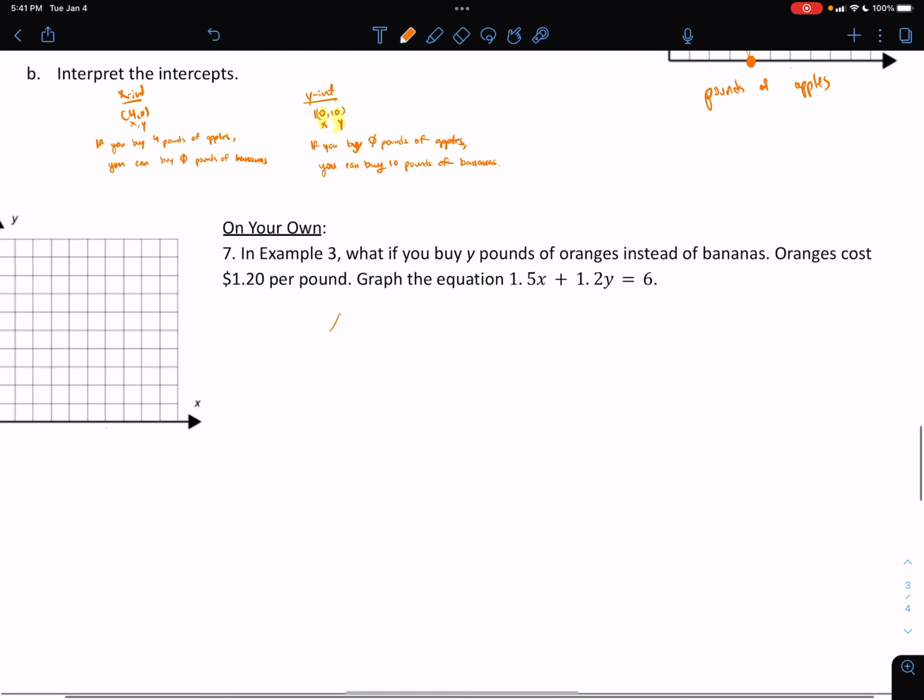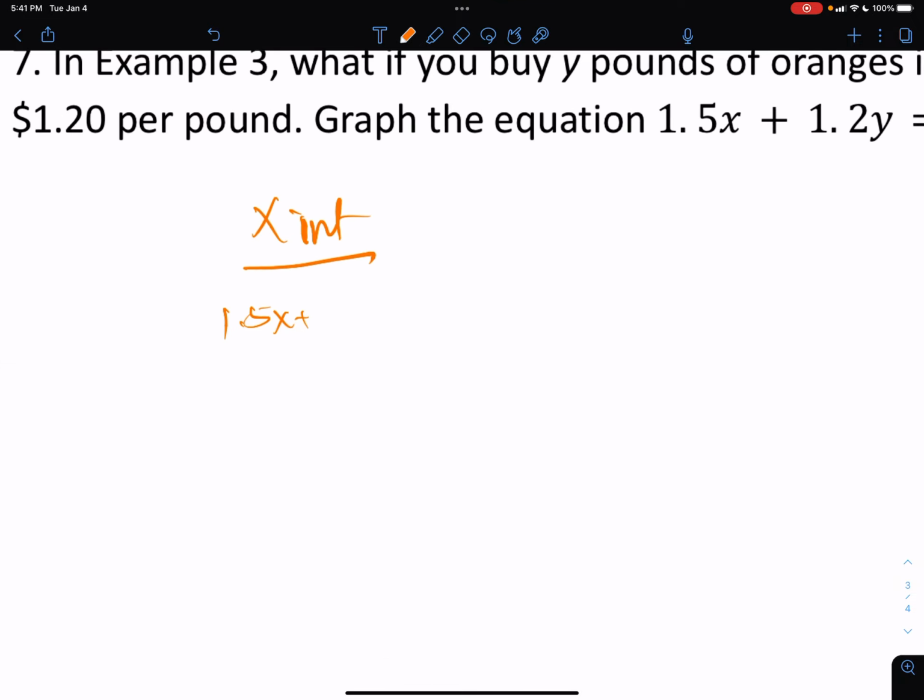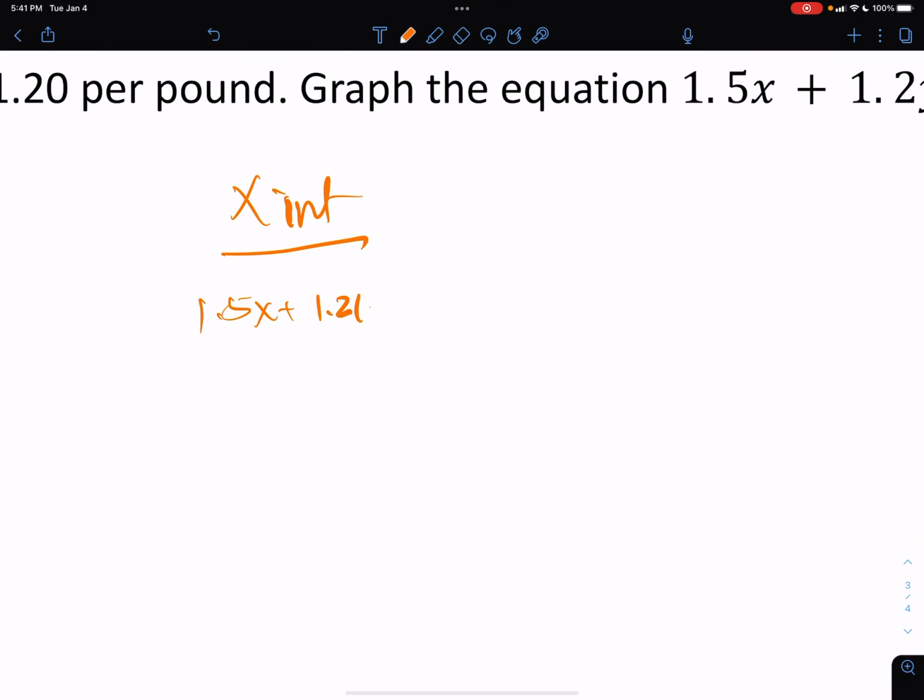Okay, so x-intercept, once again, you have 1.5x plus 1.2 times 0 equals 6. That's the same thing as 1.5x equals 6 because 1.2 times 0 is 0. I got x equals 4. So that means it's (4, 0).